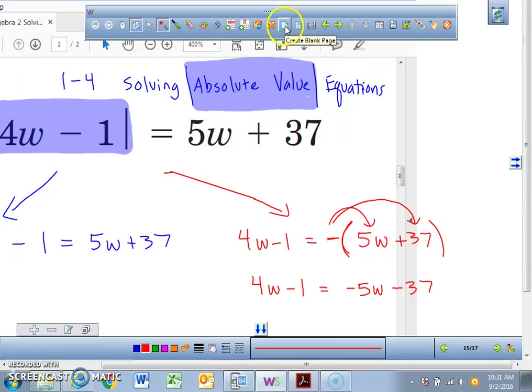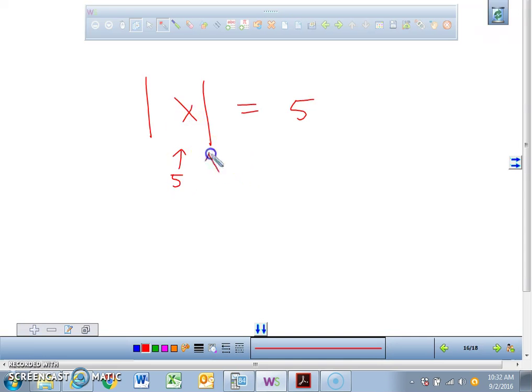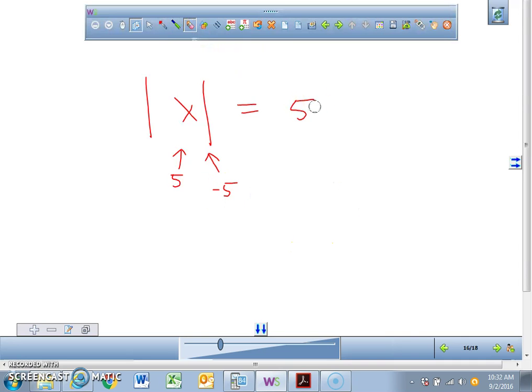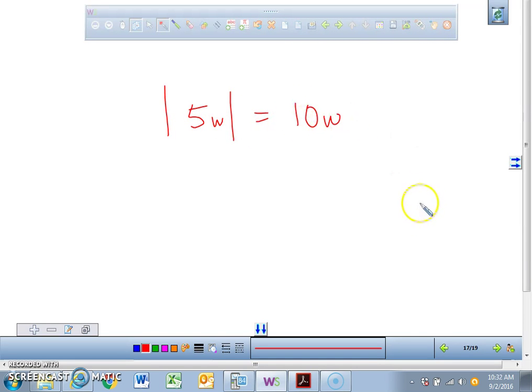All right? So, check this out. If I said the absolute value of x was equal to 5, technically, what numbers could be true? A 5 would work, and also a negative 5. Okay? So if I said, Blue, that the absolute value of 5w equaled 10w, then I would have to solve.